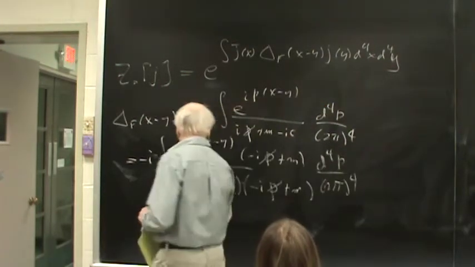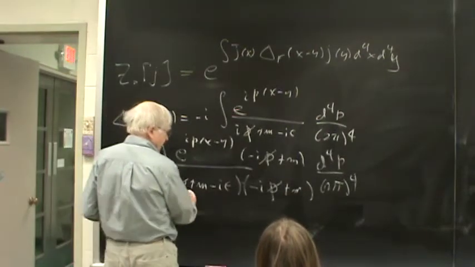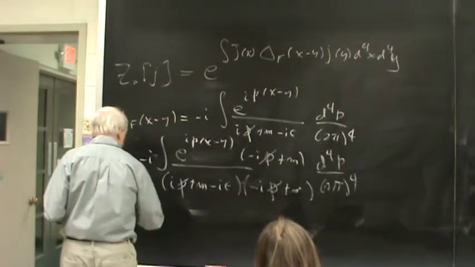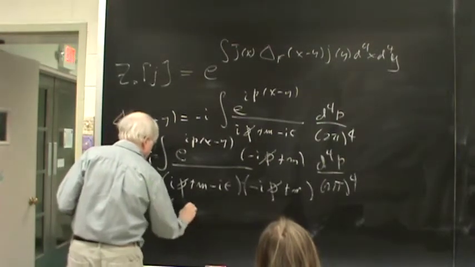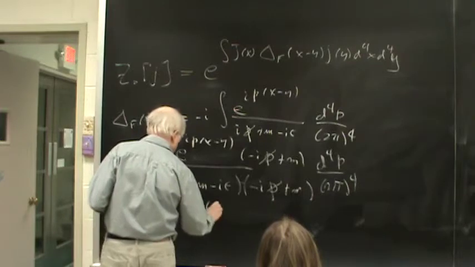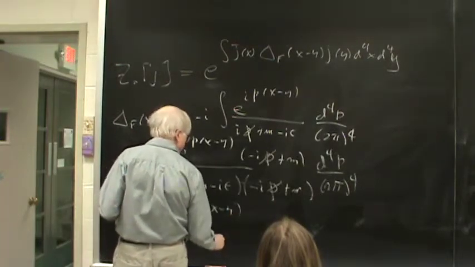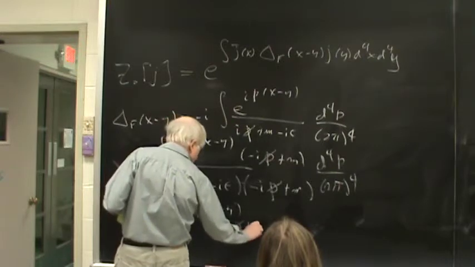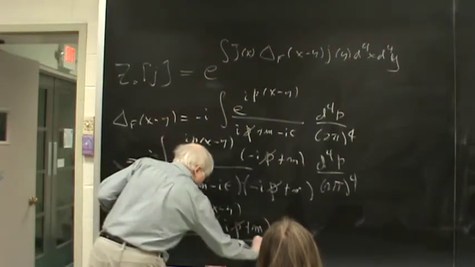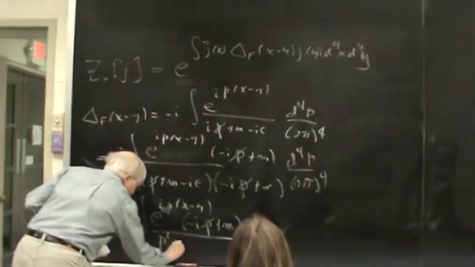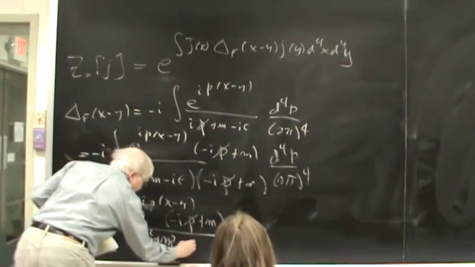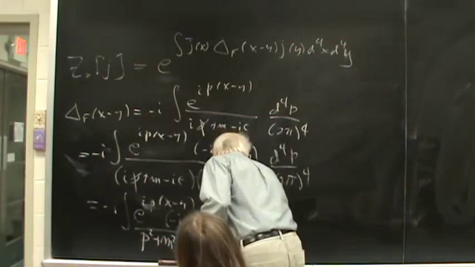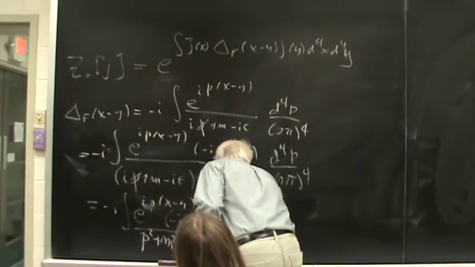And now this thing just gives us p squared plus m squared. So this is minus i e to the i p (x minus y), minus i p-slash plus m, over p squared plus m squared minus i epsilon, d^4p over (2 pi)^4.